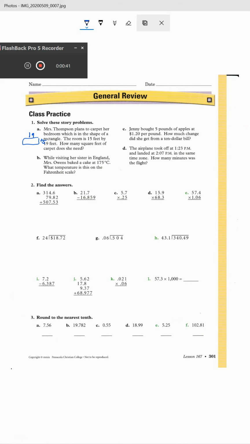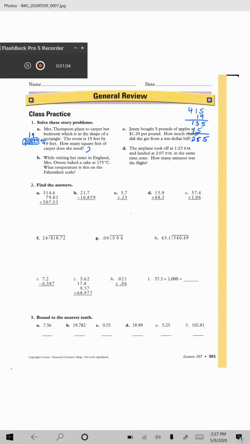Okay, well, square feet, we want to know the area of the room, the inside there. So 15 times 19. $285 feet squared.